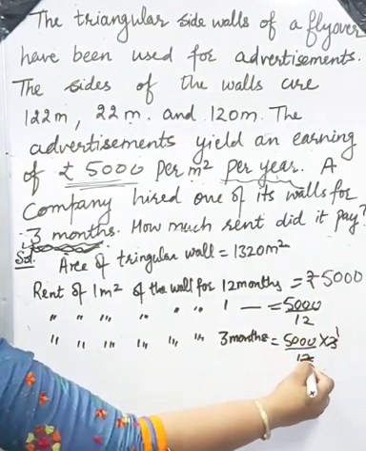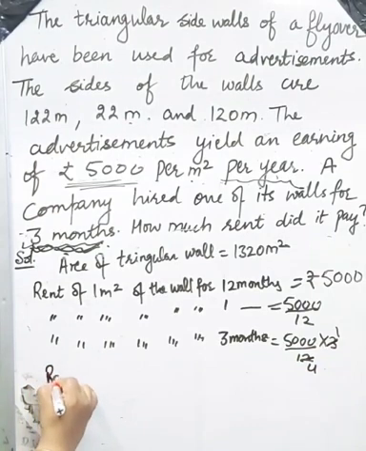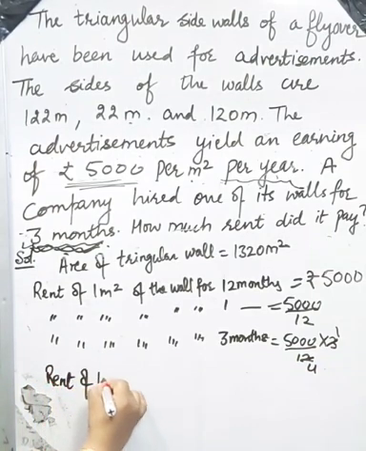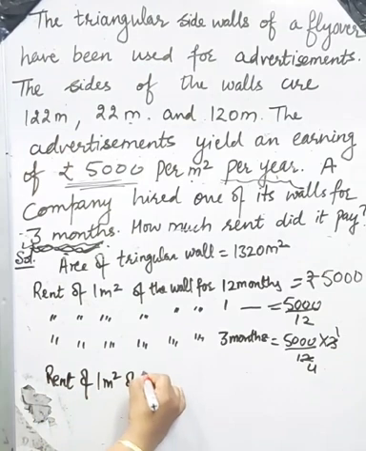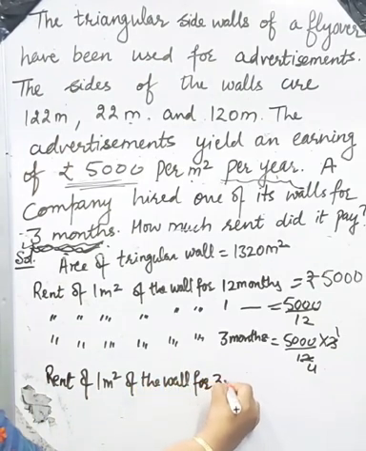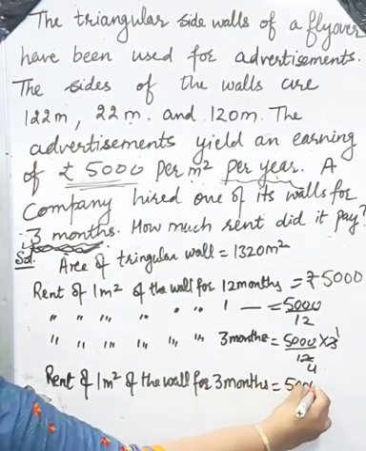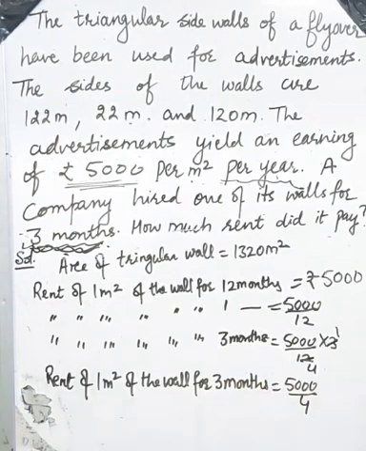3 ones are 3, 3 fours are 12. In the next line you have to write the rent of 1 meter square of the wall for 3 months equals 5,000 by 4 rupees.